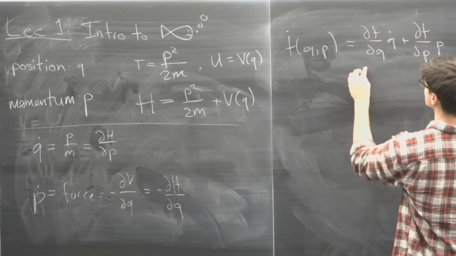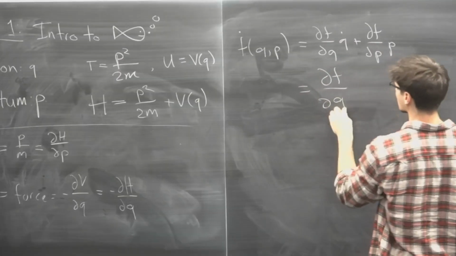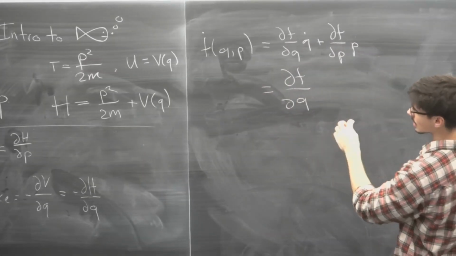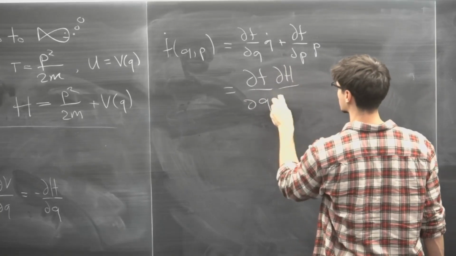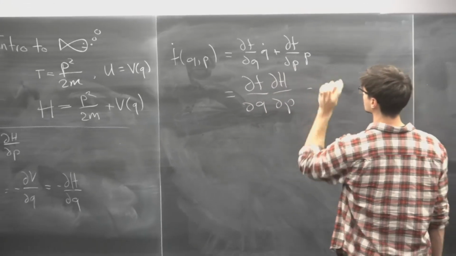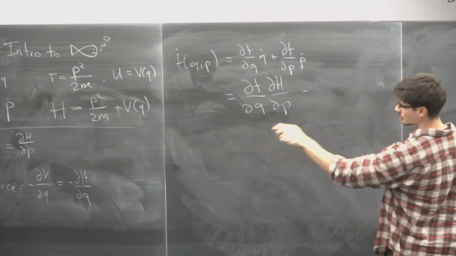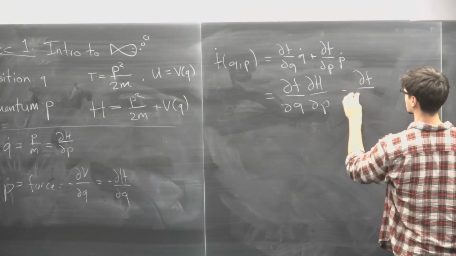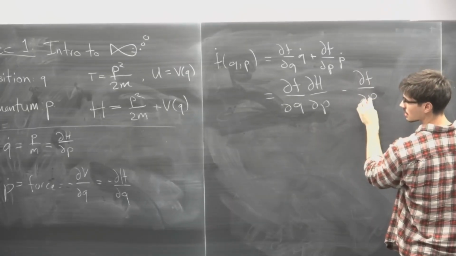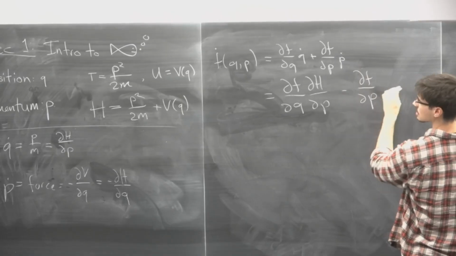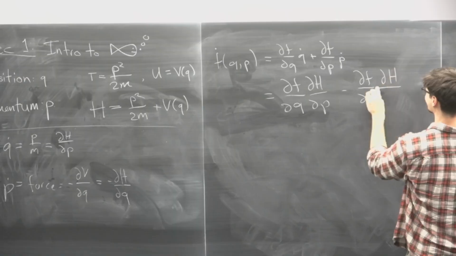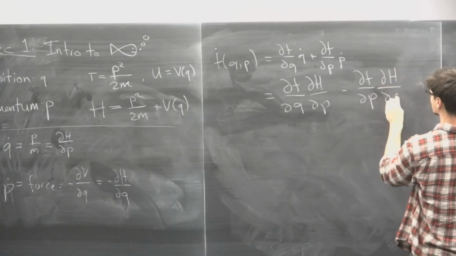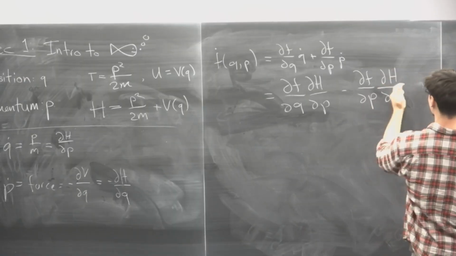Using Hamilton's equations, we could plug this in. So q dot for us is partial h partial p, and then p dot, if we plug it in there, we get negative partial h partial q. Too many p's and q's floating around.